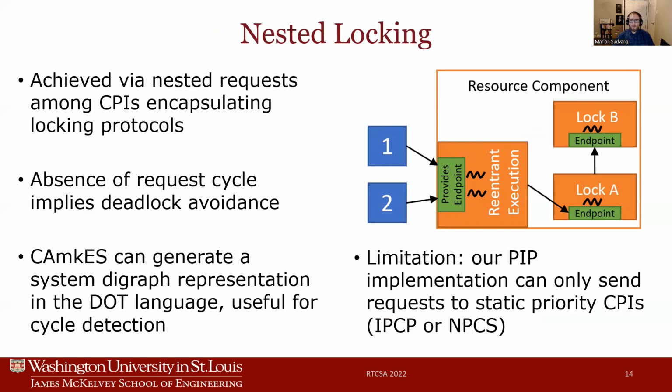In our current framework, our priority inheritance protocol implementation can only send requests to static priority CPIs, not to other CPIs encapsulating priority inheritance protocol or priority propagation. But this does follow a common technique of using more strict protocols for nested locks.